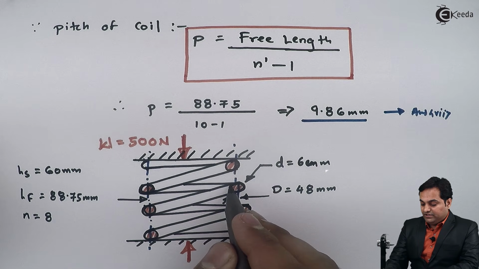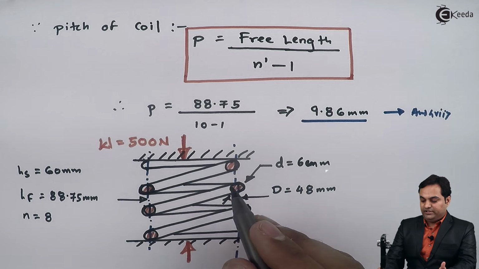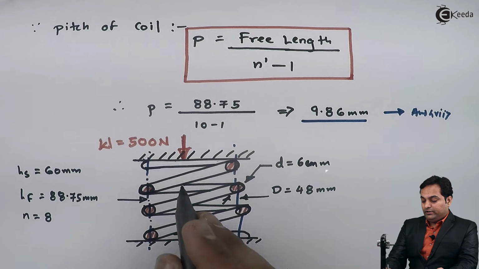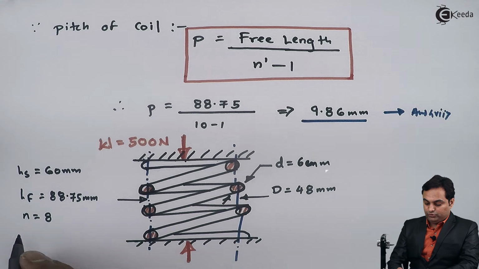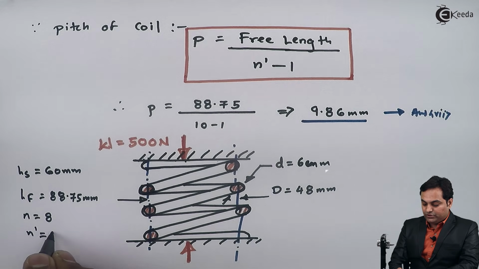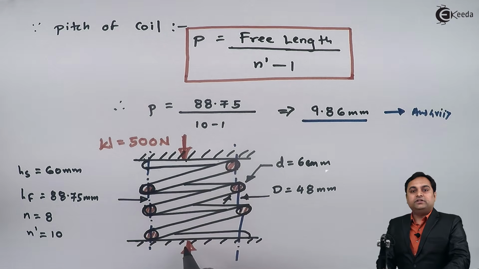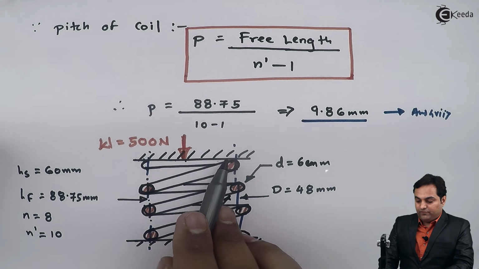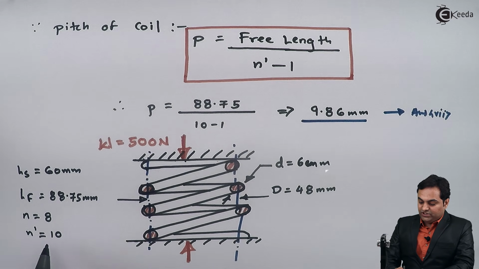Active coils are those coils which are subjected to compression or which take part in the deflection. Apart from that, we have these two turns of coil which do not take part in the compression because they are fixed. So total number of coils n dash was 10, because we assumed that these coils were squared and ground, so that they can be seated here.